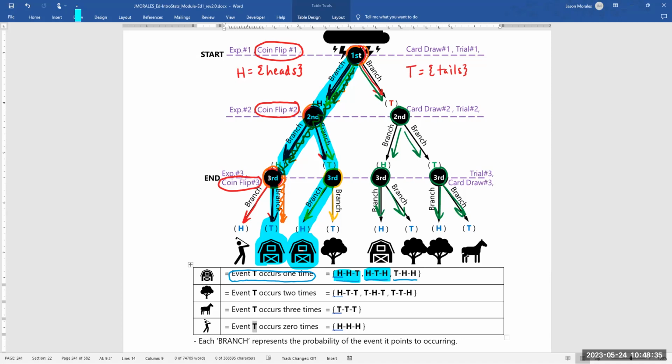And then lastly, we could have gotten tails, heads, heads. And so that means the first coin flip was a tail, the second coin flip was a head, and the third coin flip was a head. So I've put an icon of a barn to represent each path that results in only one tail occurring.